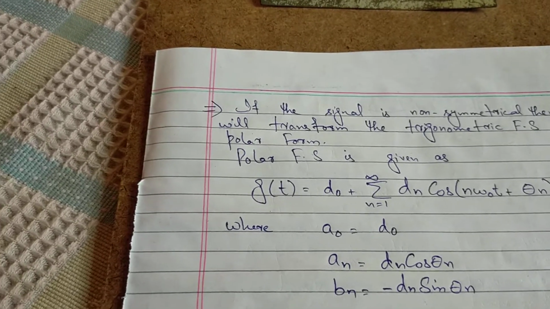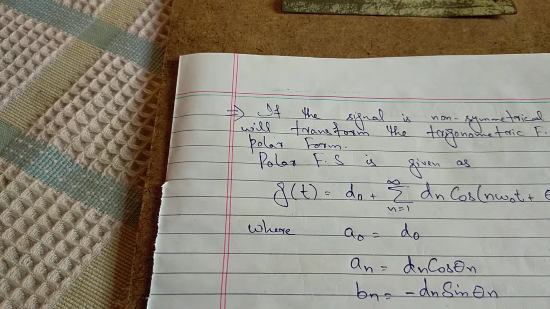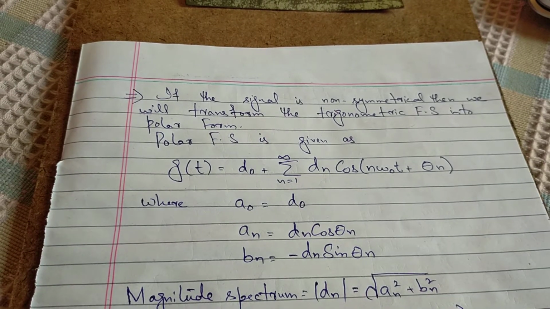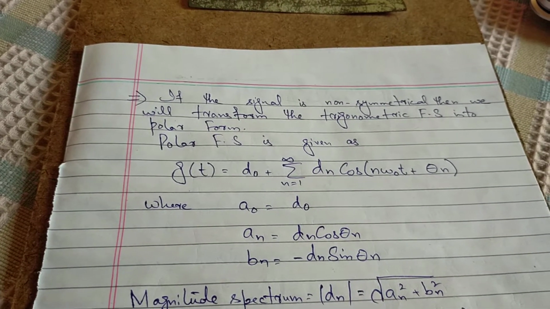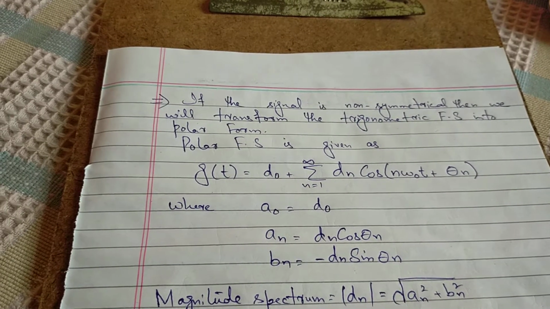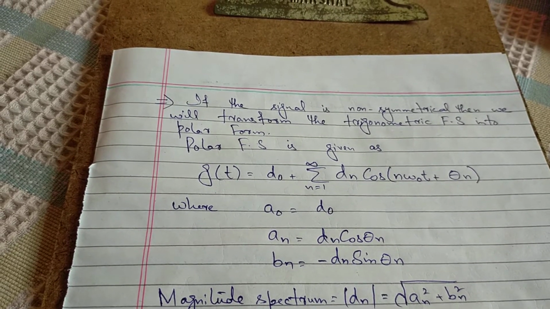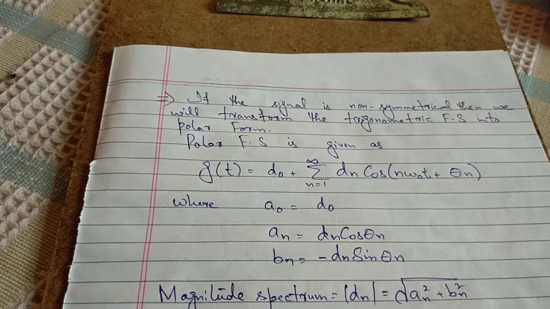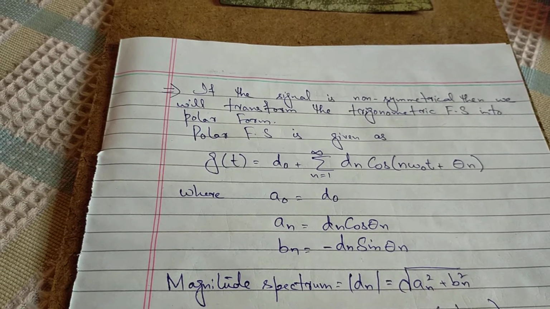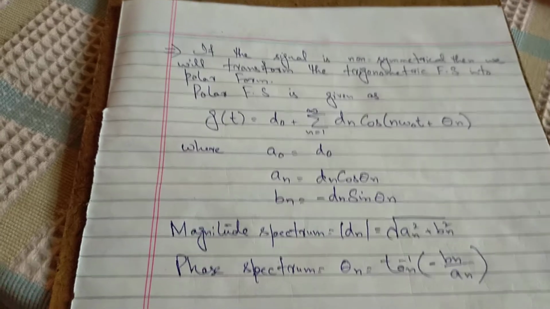For example, if we have a signal which is periodic but not symmetrical, then we will use the polar series. The polar Fourier series is given as g of t is equal to d naught plus summation n is equal to 1 to infinity dn cos of n omega naught t plus theta n, where a naught is equal to d naught, an is equal to dn cos theta n, bn is equal to minus dn sin theta n.